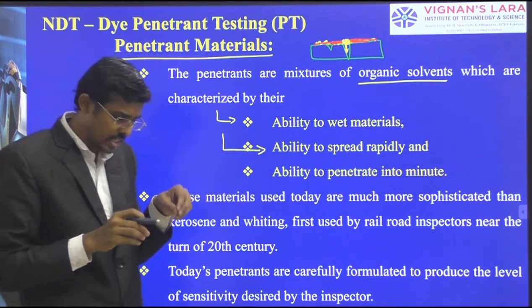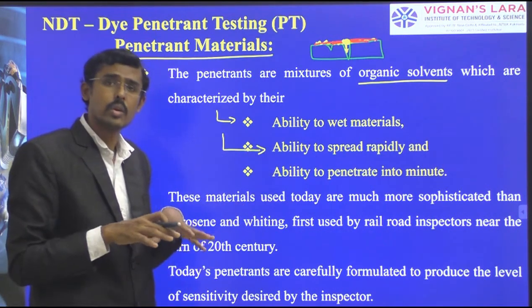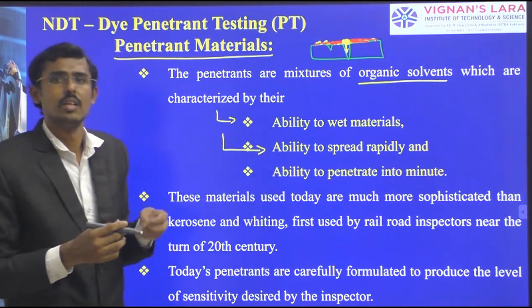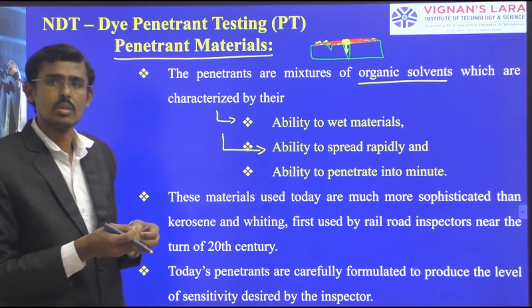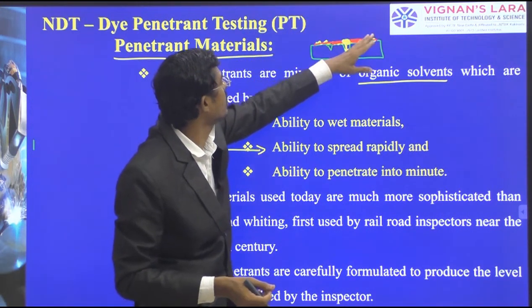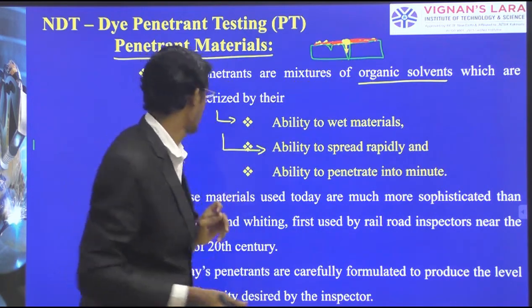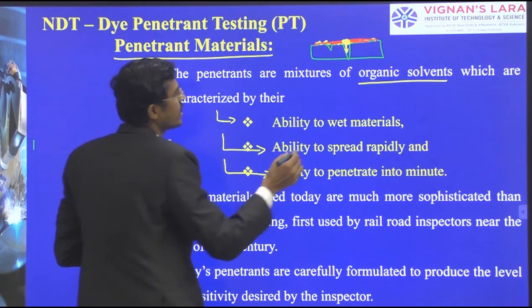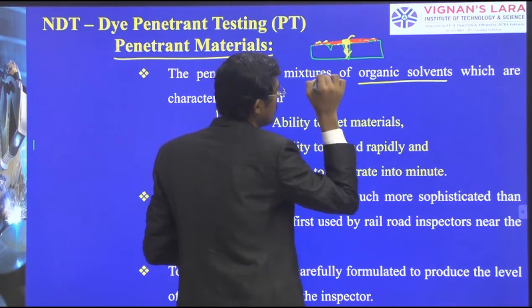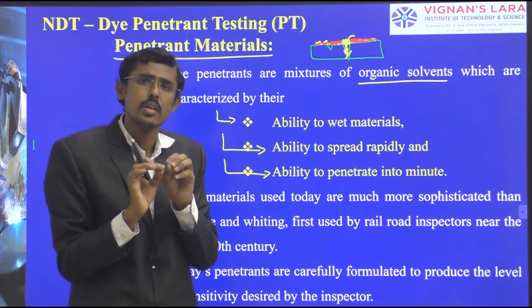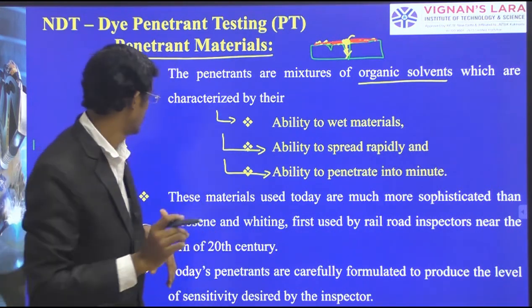It should not stop at one location. It should spread and flow over those gaps. Then only is it easier to do the operations. If it stops at one point, we cannot find the defects in the remaining places. So, the ability to penetrate into the crack in minutes; it should happen quickly.